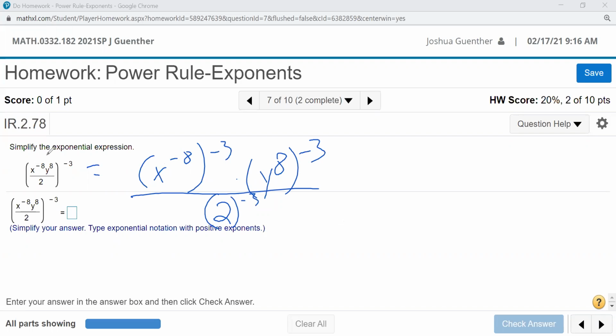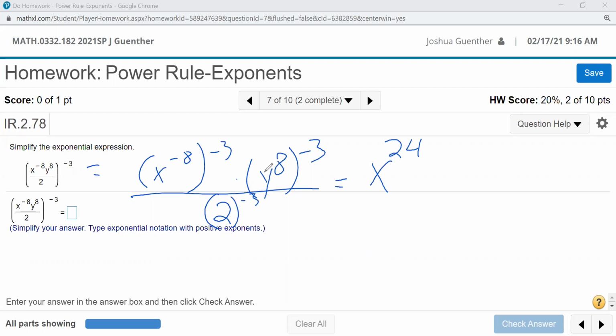So that's how it works on the get-go. Now here's the cool thing. What we can now do is multiply these powers. X to the negative 8 raised to the negative third, we multiply negative 8 times negative 3, and we end up with x to the positive 24th.